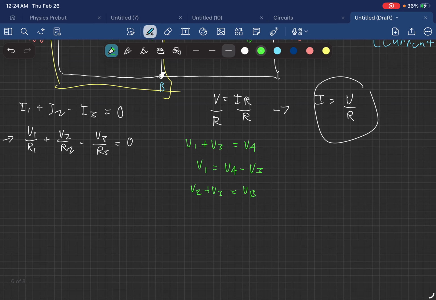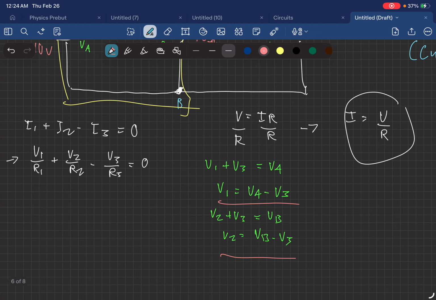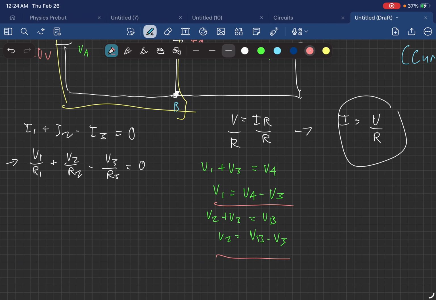And this is going to be V2 is equal to VB minus V3. So we have these now, and we're going to substitute it into the respective values. So it is VA minus V3 over R1 plus VB minus V3 over R2. Again, we substituted our values, minus V3 over R3.